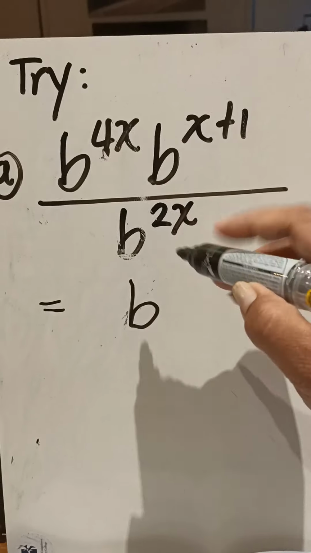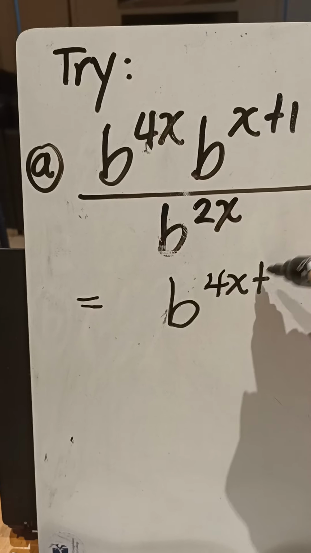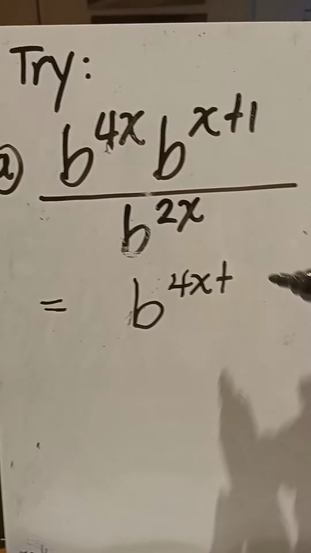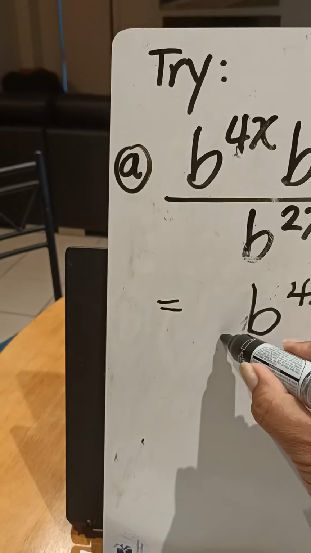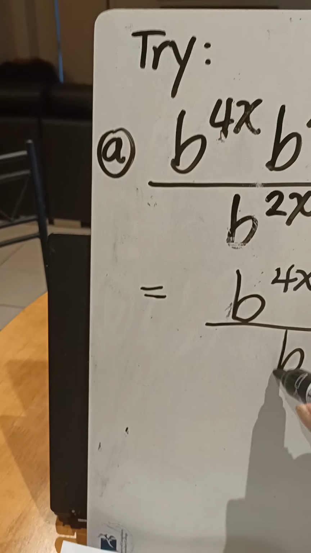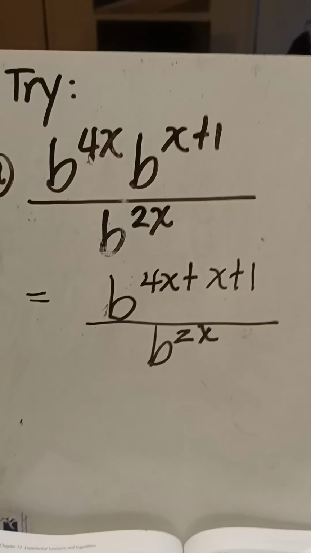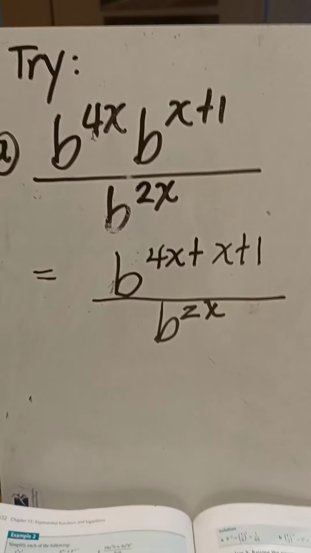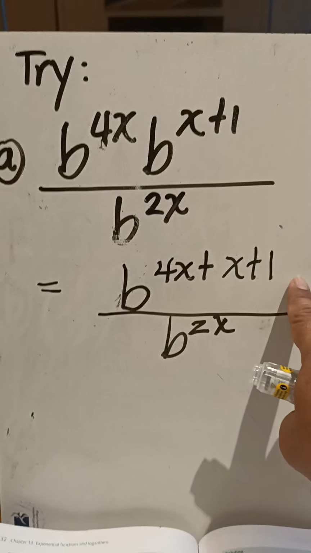So m here is 4x, plus n is x plus 1. You don't have to put the bracket in there, over b to the 2x. Now combine like terms. You know you get 2 x terms in here, 4x and x, and a constant.